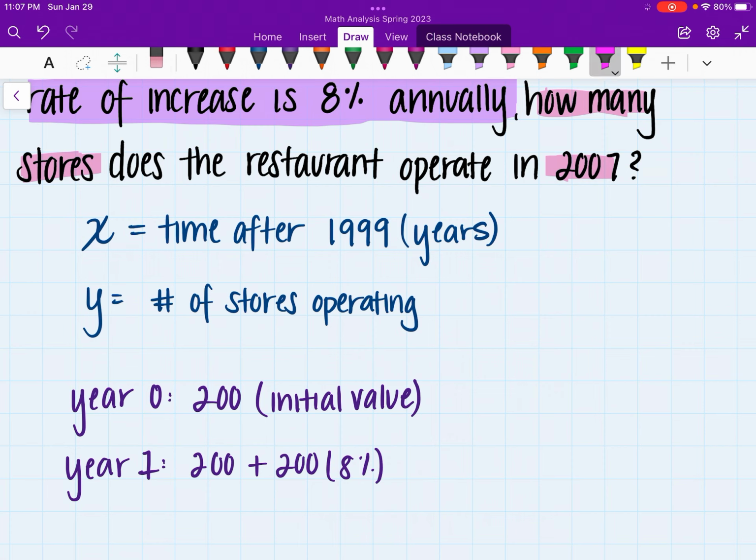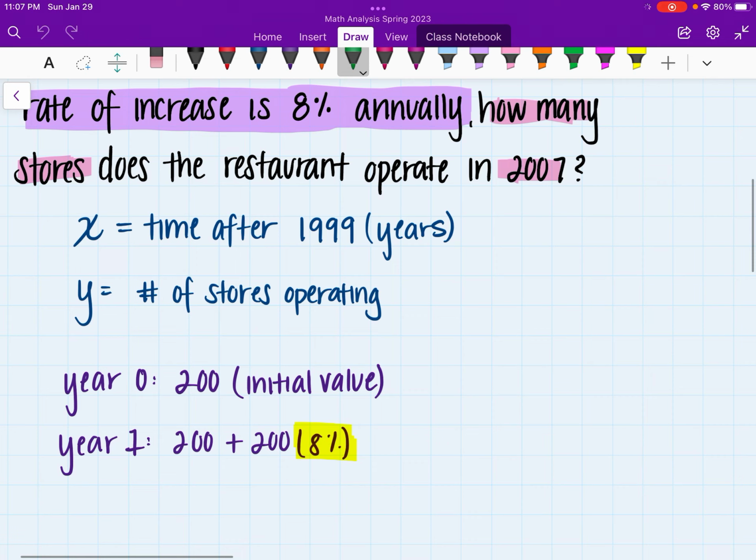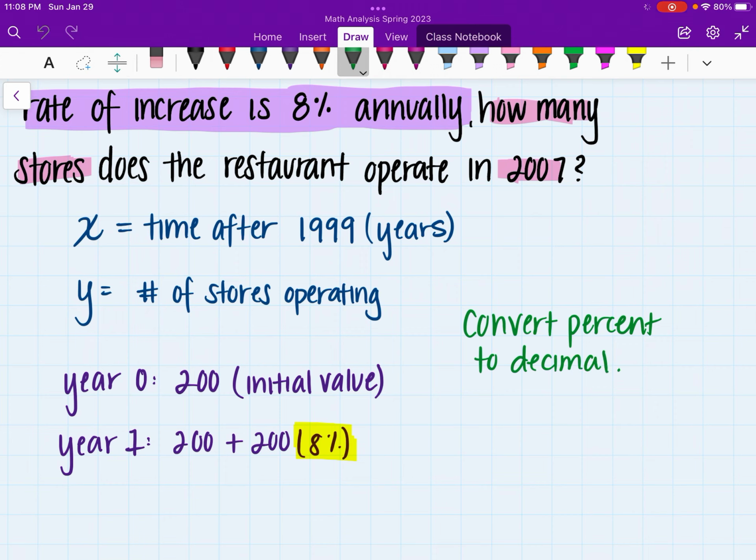Now, in this case, because we are talking about percent, I can't really multiply with percentages. So I do have to convert that percent into a decimal. Now, if you forgot how to do this, guys, this is fine. We could actually just get a little bit of a review here.